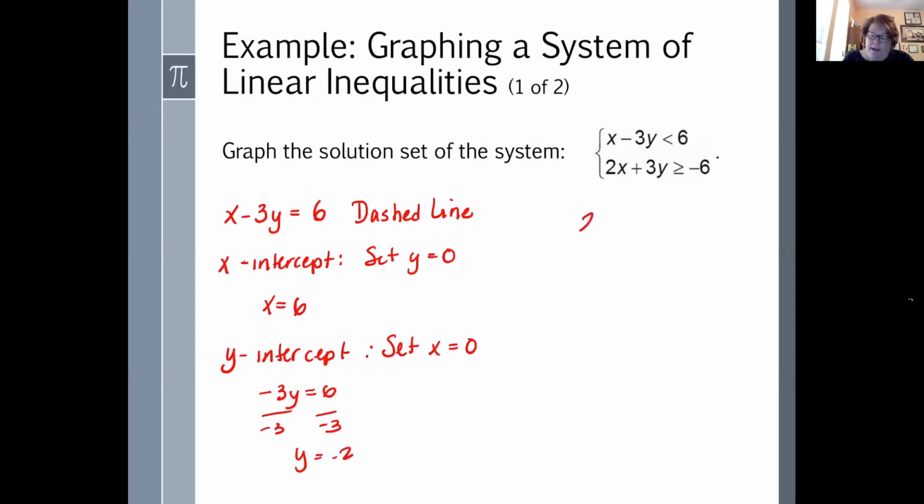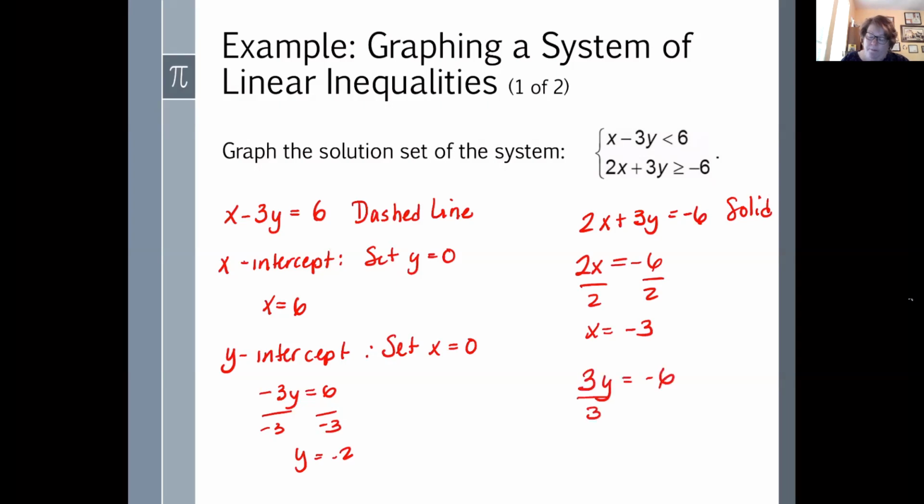Now we're going to do the second one, and I would graph this as a solid line because it does have greater than or equal to. To find the x-intercept, we set y equal to 0. We get negative 3. To find the y-intercept, we set x equal to 0. And we get y as negative 2.